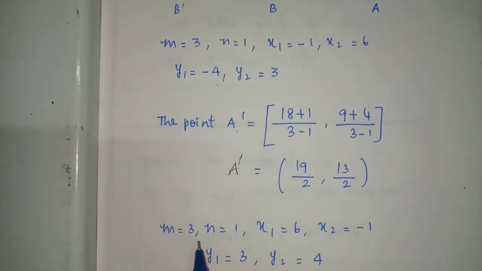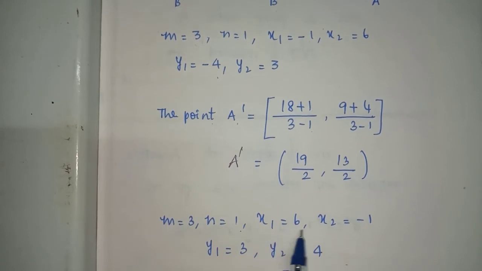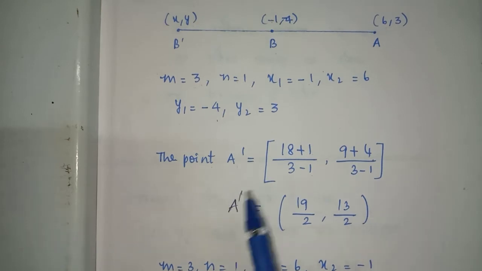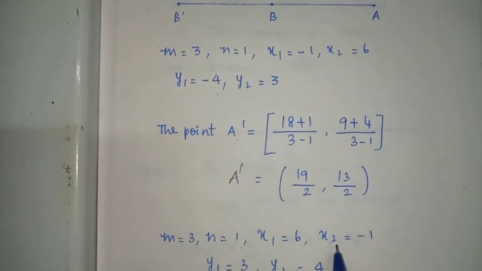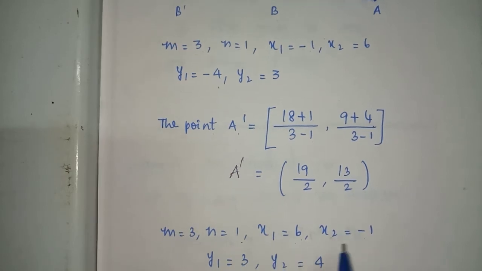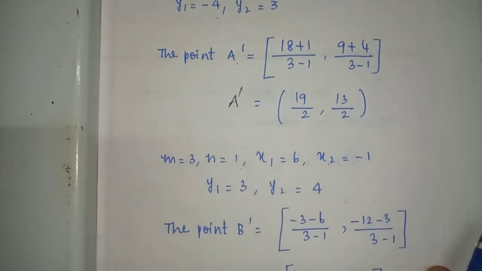Similarly, m is equal to 3, n is equal to 1, x1 is equal to 6, x2 is equal to -1. Here we are taking the point B'. So x1 is 6, x2 is -1, y1 is 3 and y2 is -4.